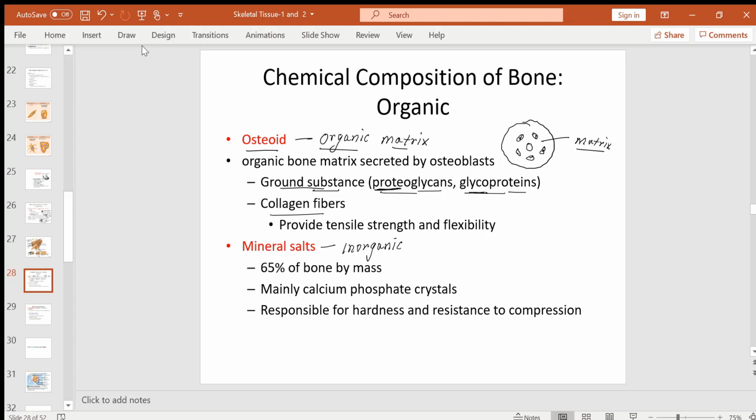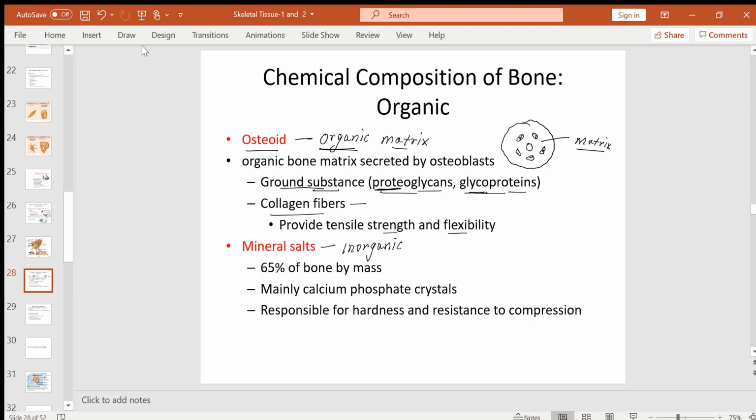So this belongs to organic ground substance, and collagen fibers are also organic structures, and the osteoid or matrix of the bone provides tensile strength and flexibility.